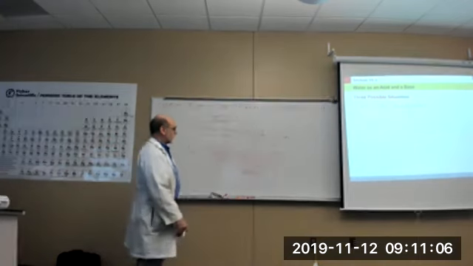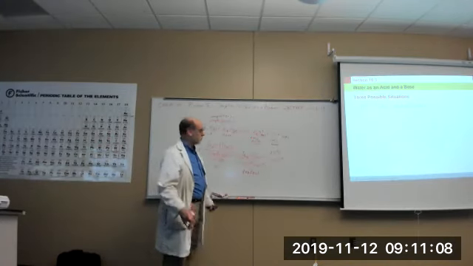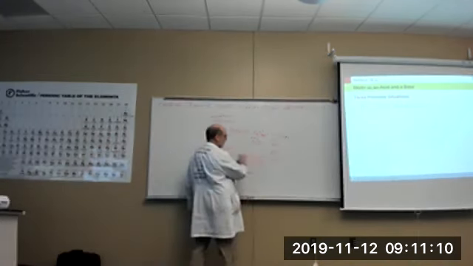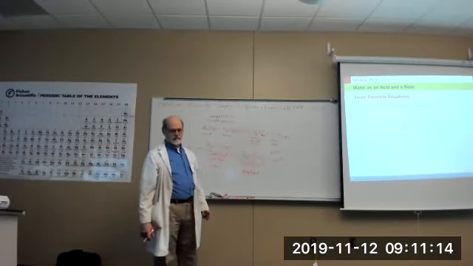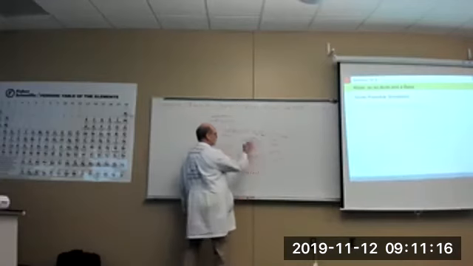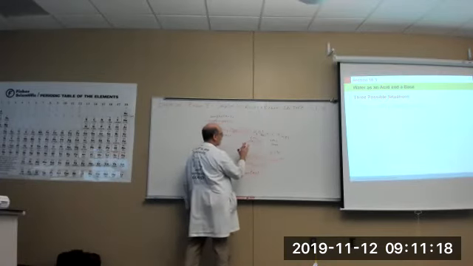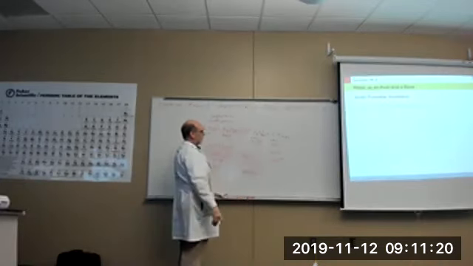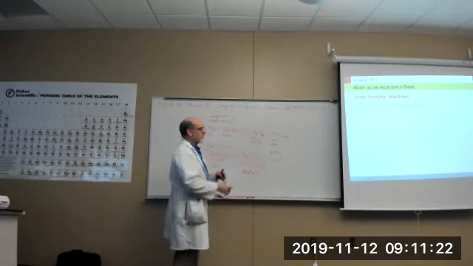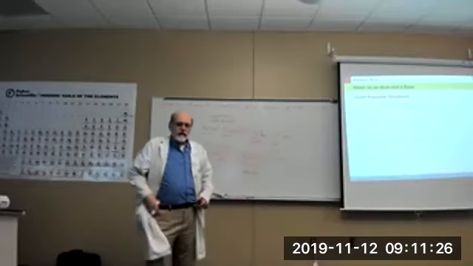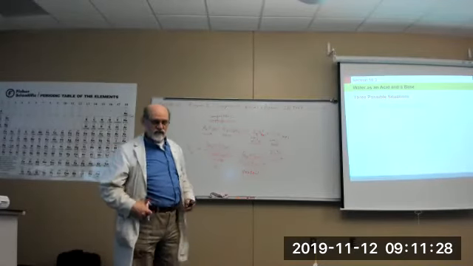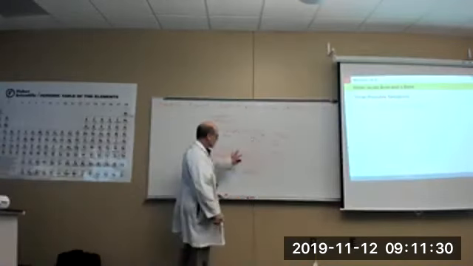Now, if the acid is strong, this reaction virtually becomes irrelevant because we're going to put so much hydrogen ion in there that this reaction, while it still occurs, is not significant. So that's why when you talk about a strong acid, strong base calculation, you don't have to consider this.